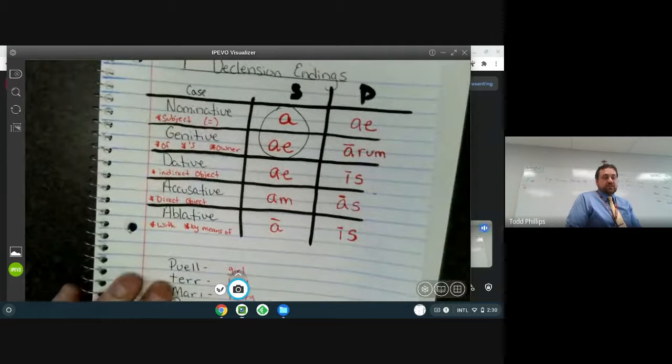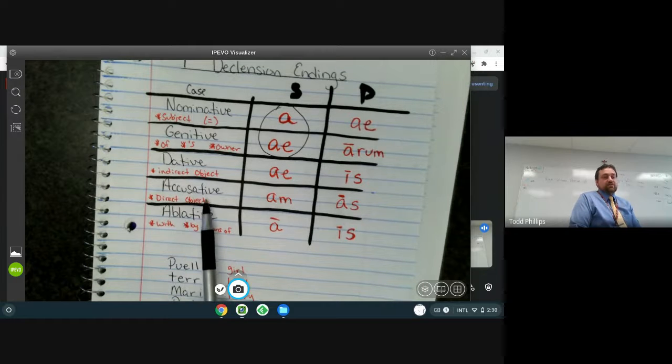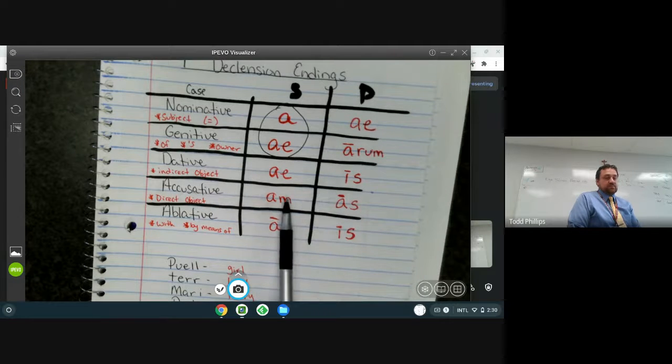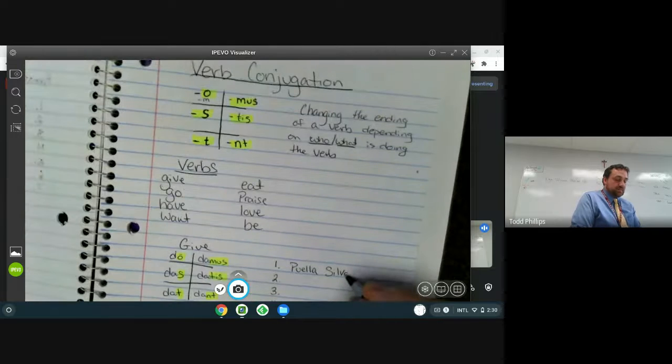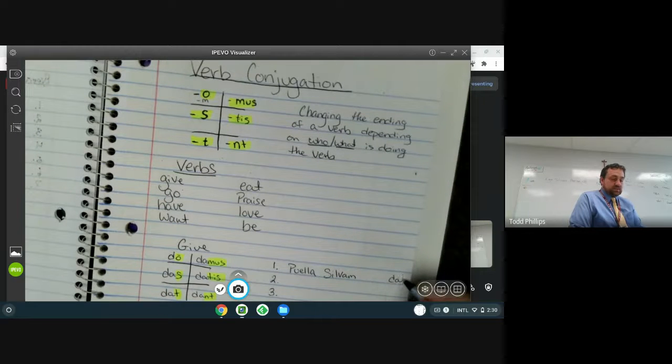She gives a forest. Okay, if I give something, that's a direct object, so it's accusative. Now, is she giving a forest or is she giving forests? I said a forest, so let's use siluam. Puella siluam. Let's put dat at the end.